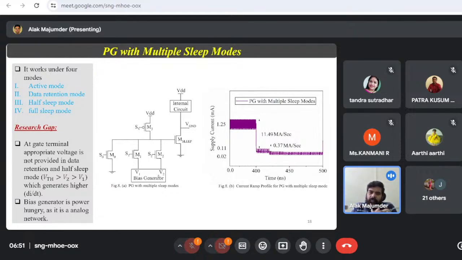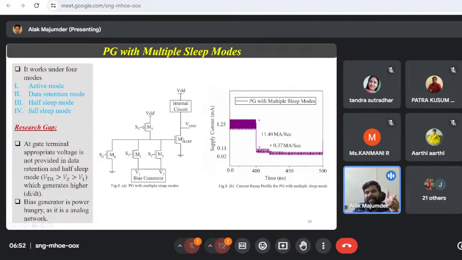There is another problem in this particular circuit. Through M0 we are getting ground, through M1 we are getting V1, through M2 we are getting V2 at the gate. These ground, V1 and V2 are all potentials which are less than the threshold voltage of this power MOS.